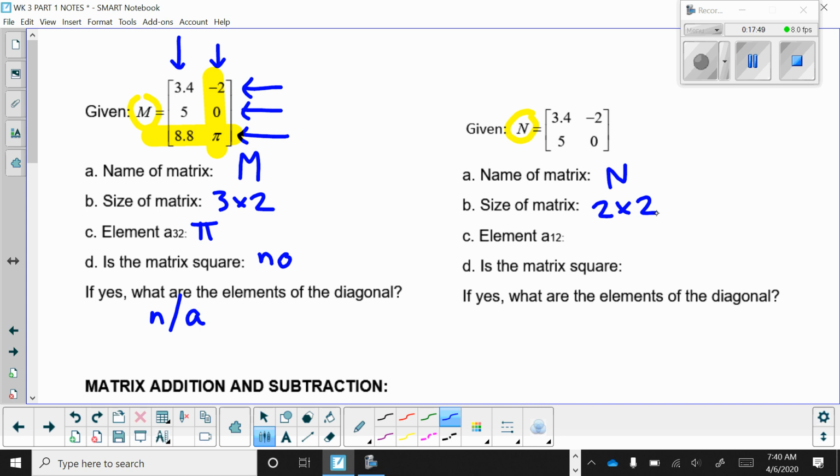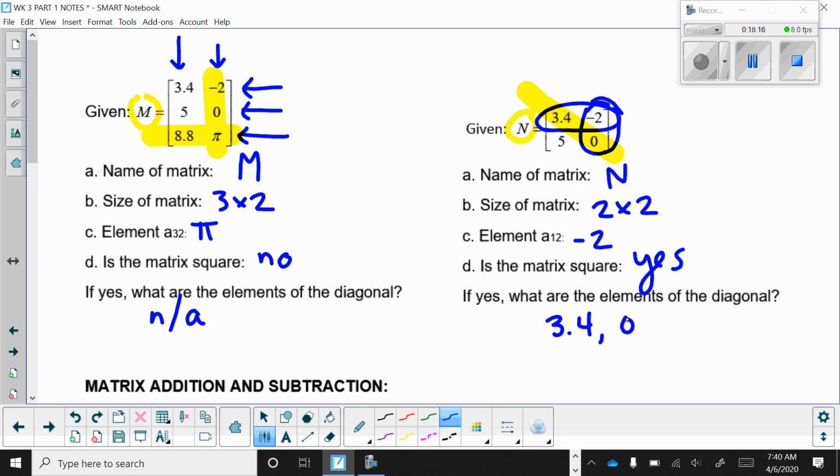The element at A12, that's row 1, column 2, is -2. Is the matrix square? Absolutely. If yes, what are the elements of the diagonal? So that's from the upper left to the bottom right. And the elements are 3.4 and 0.